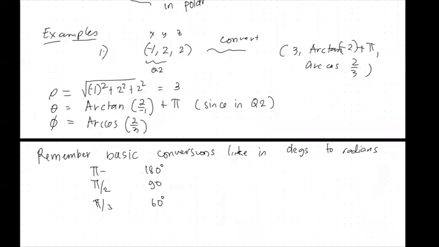Pi over 6 is 30. It may help you, so just remember them. And then I will leave to you the other examples here, for example, you convert the spherical to Cartesian and something like that.